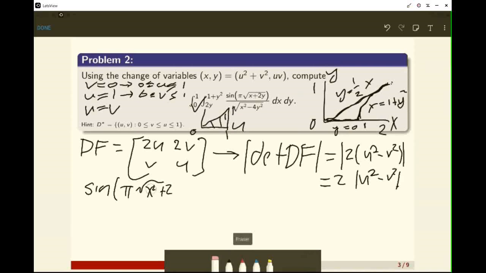Sorry, that's just x, not x squared. We know that x is u squared plus v squared, and y is uv.